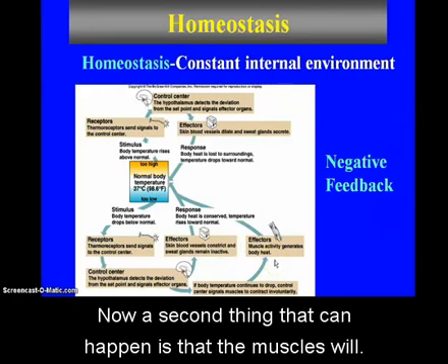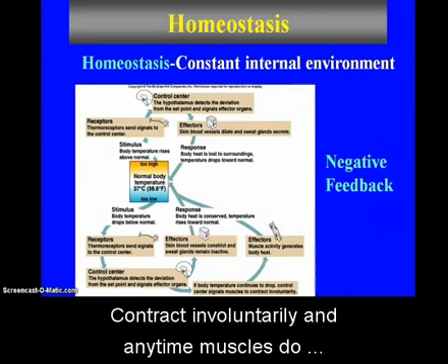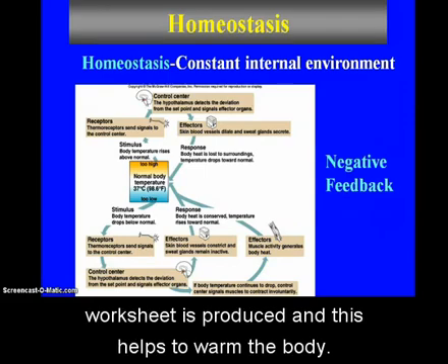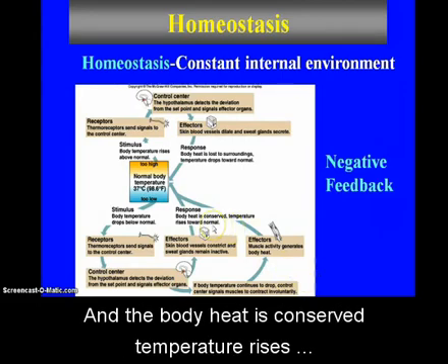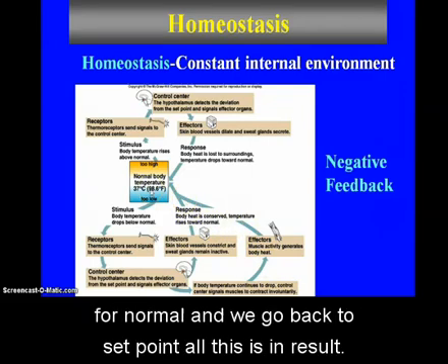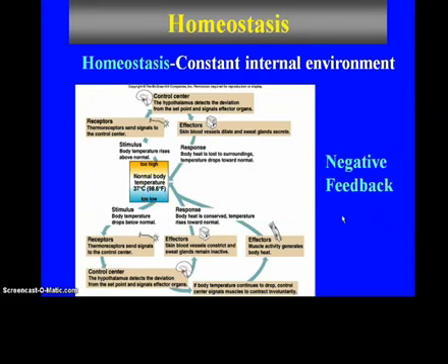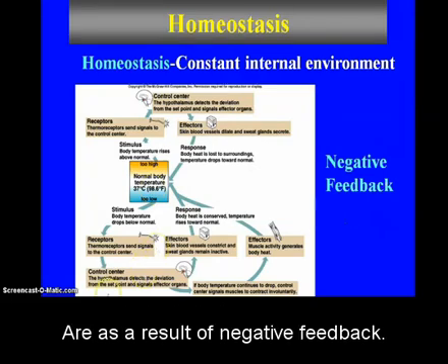Now, a second thing that can happen is that the muscles will contract involuntarily, and anytime muscles do work, heat is produced, and this helps to warm the body, and the body heat is conserved, temperature rises toward normal, and we go back to set point. All this is a result of negative feedback.